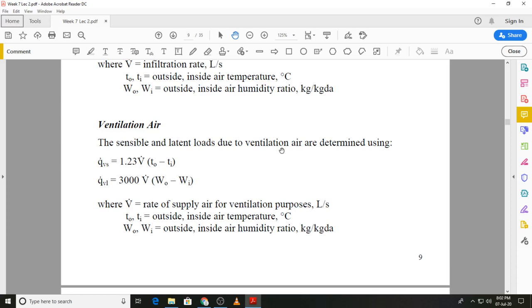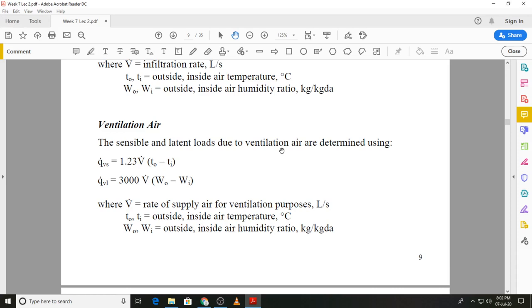Usually these values are given to us in tables, or they will be given to us directly, that for example the ventilation requirement is so much, and we will use those. Otherwise, there are tables that you can refer to, and a simple table is given, I think, in our book as well, and if required we will use that table to calculate the amount of ventilation air.